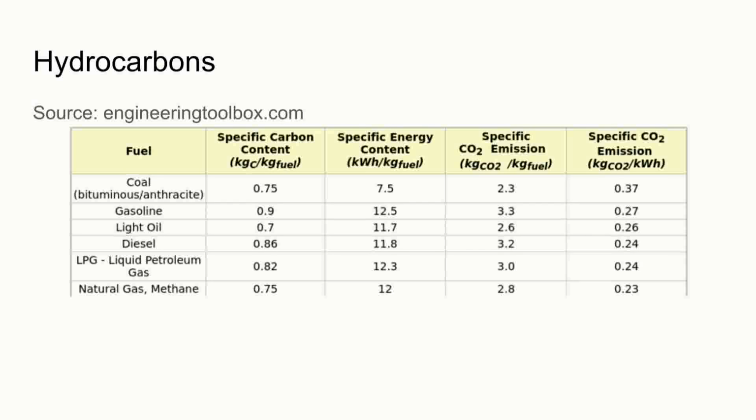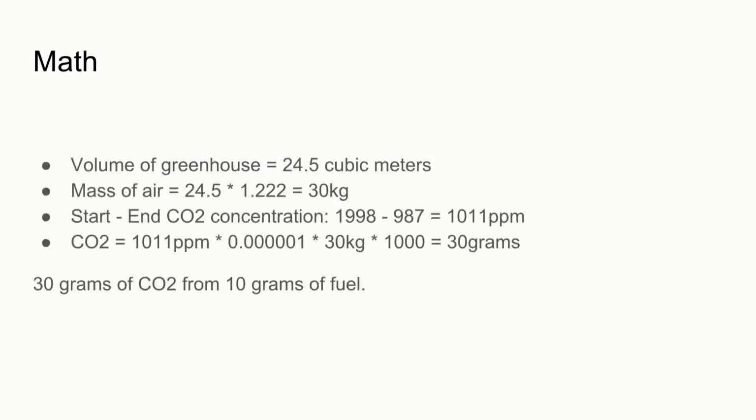So in the case of propane, the liquid petroleum gas, for every 1 gram of fuel, it produces 3 grams of CO2. So we'll need that later on in our calculation.